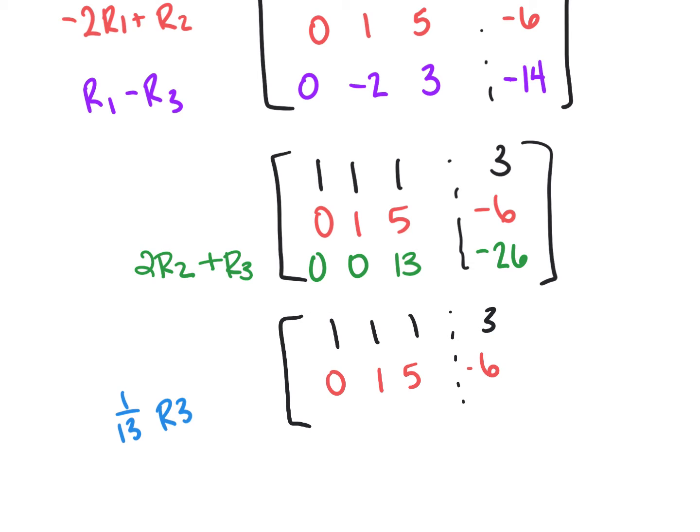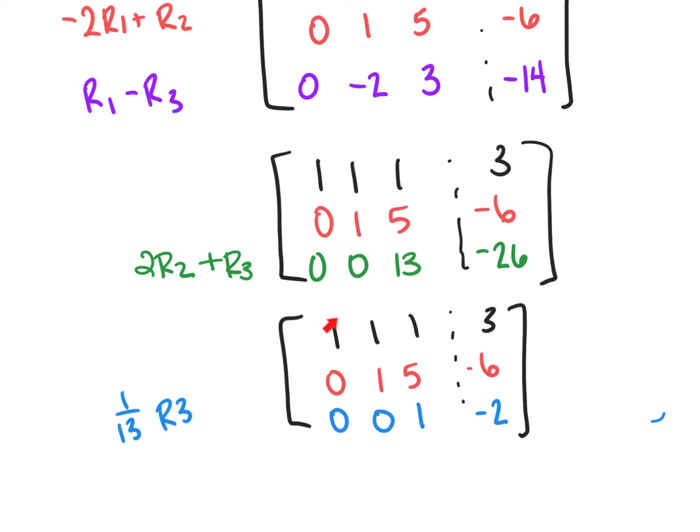So 1/13 times 0 is 0. 1/13 times another 0 is 0. 1/13 times 13 is 1. 1/13 times the negative 26. What's that? So what's negative 26 divided by 13? Negative 2. And that worked out extremely well.